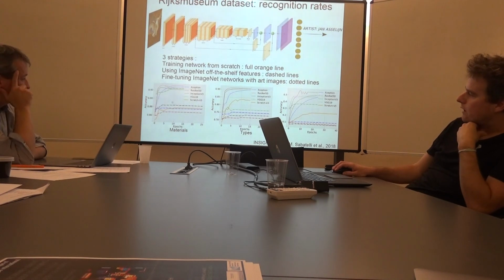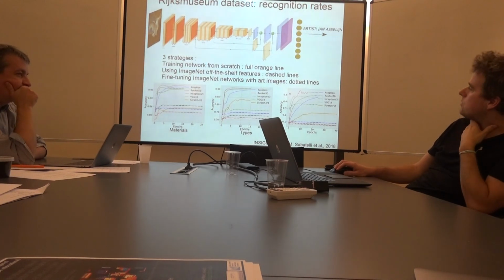But you see here that you can get better results by fine-tuning these models. That's the same conclusion for types, and this one is for artists. In general you get better results by fine-tuning these models. But you can also see that the artist classification is much more difficult than the material and types classification tasks.